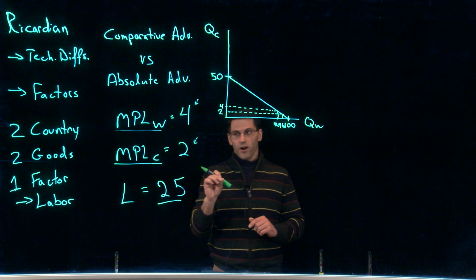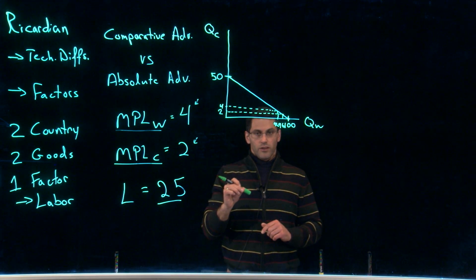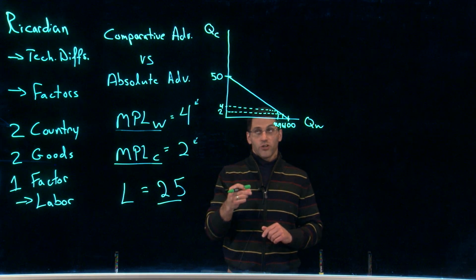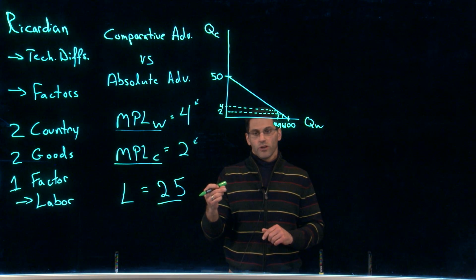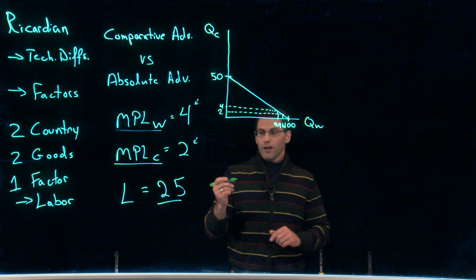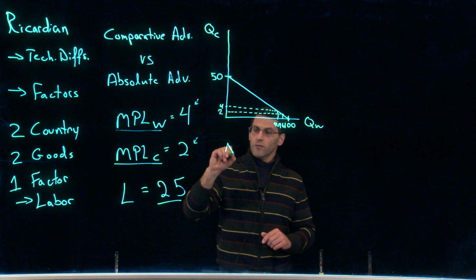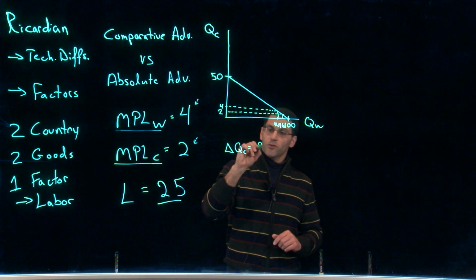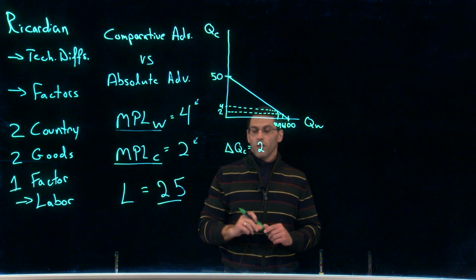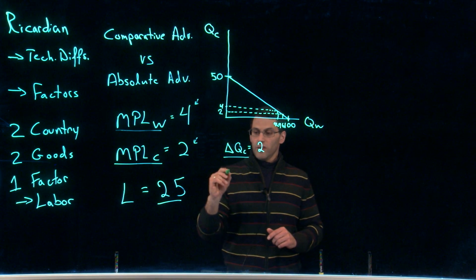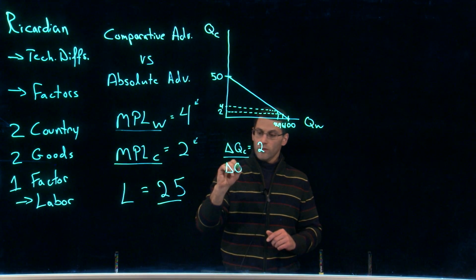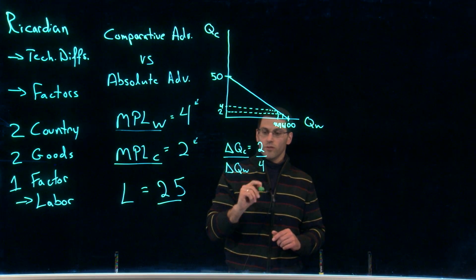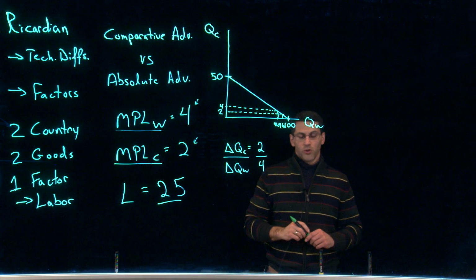Notice that this trade-off is constant. What's happening? Every time I take one worker out of wheat production and put that worker into cloth production, I'm gaining 2 yards of cloth, and I'm losing 4 bushels of wheat.